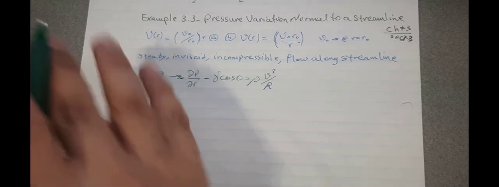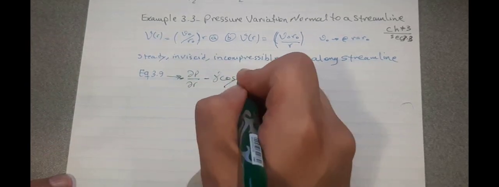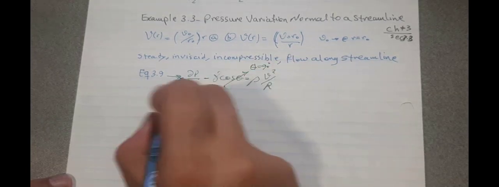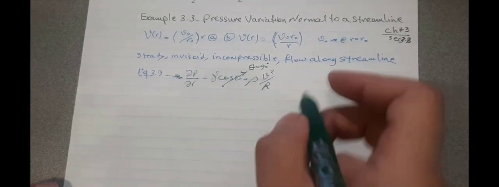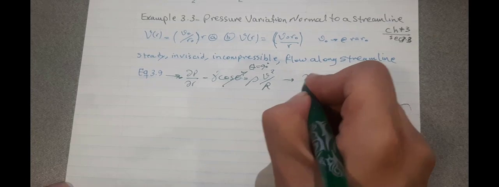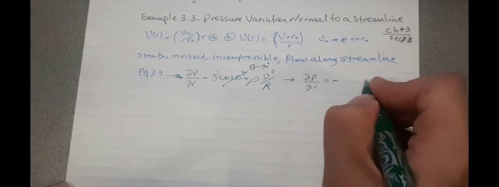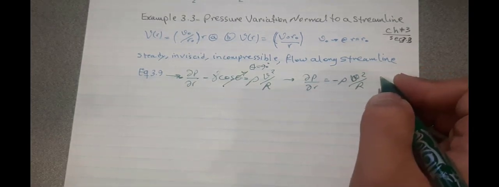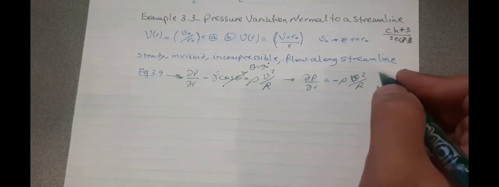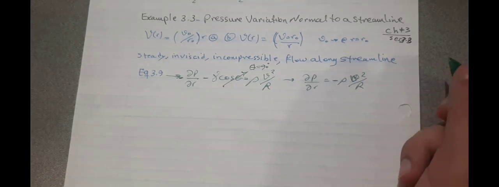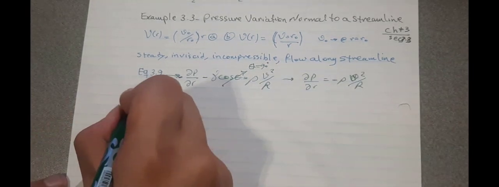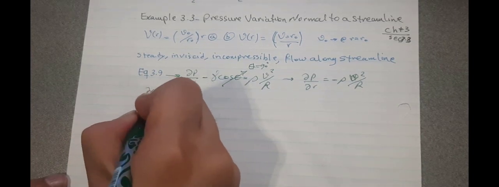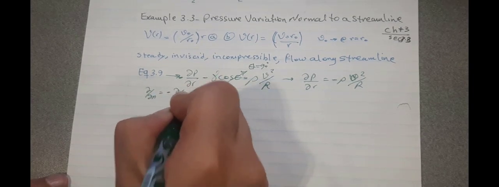As we are taking it in the vertical direction, theta is going to be equal to 90 degrees, and cosine 90 is 0, so this term drops out automatically. We have ∂p/∂n equal to minus rho V squared over R. We have a consideration here: the radial coordinate we're studying means ∂n is equal to minus ∂R.